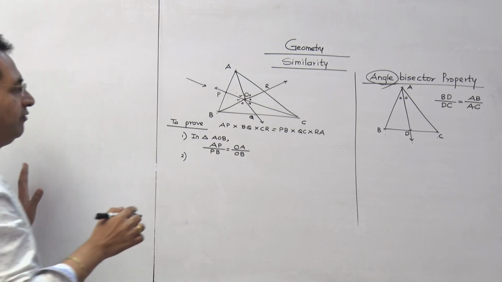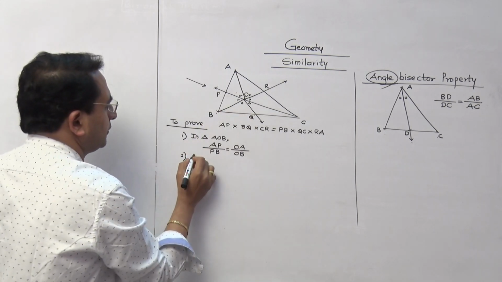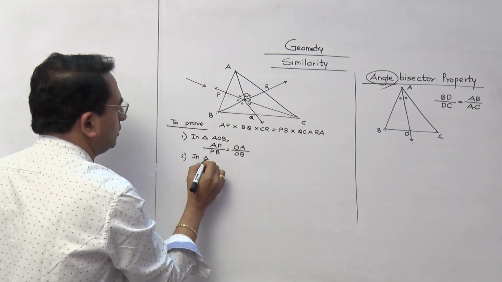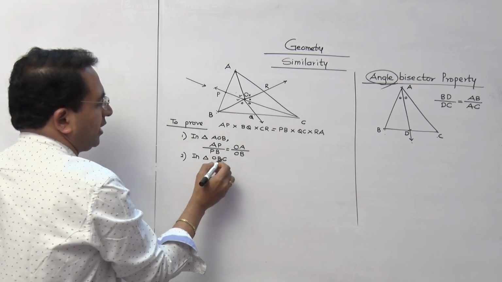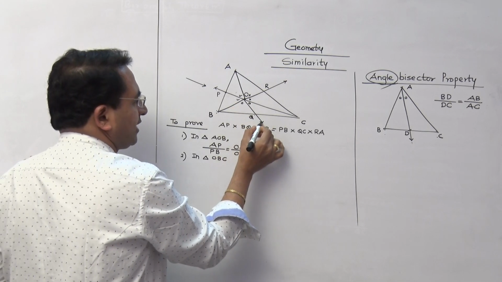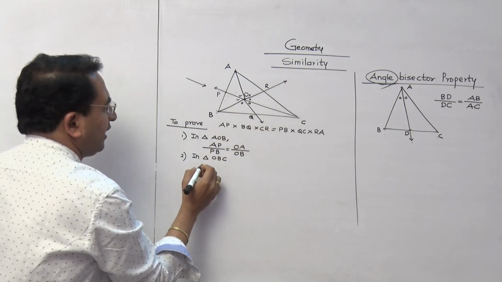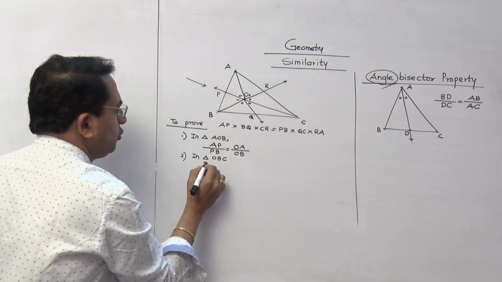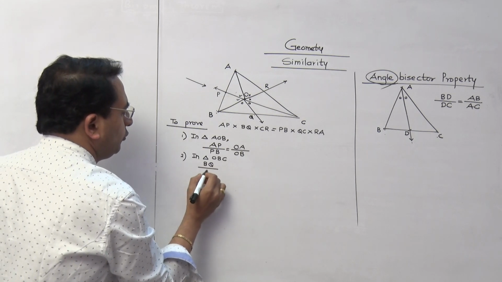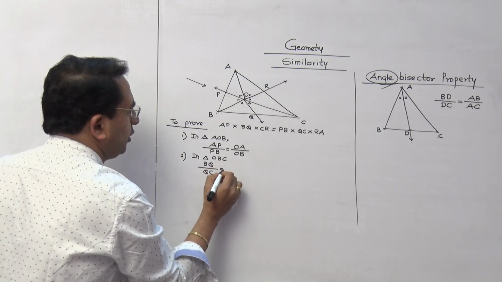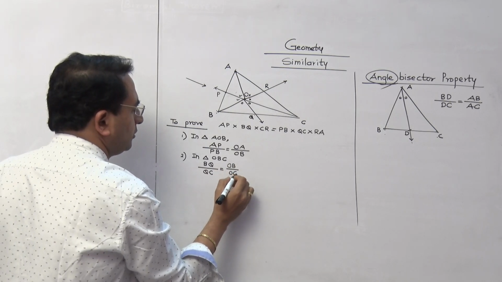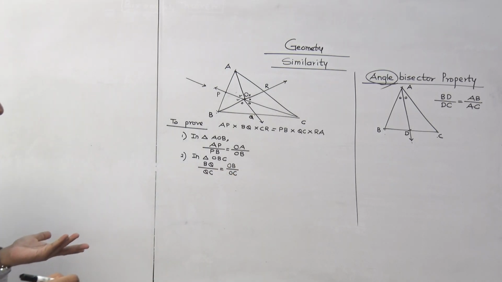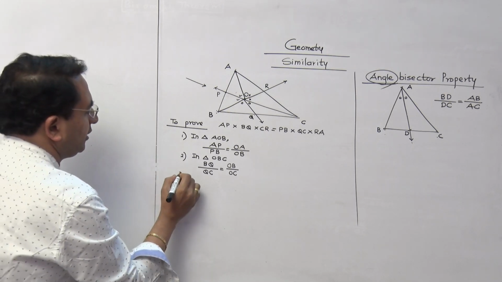Similarly, we will take triangle OBC. In triangle OBC, OQ is a bisector. So we can write BQ upon QC is equal to OB upon OC. The property is the same, the angle bisector property. That is number 3.